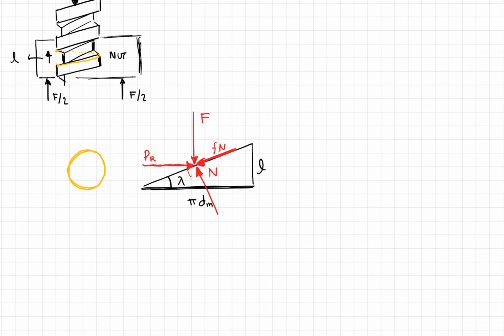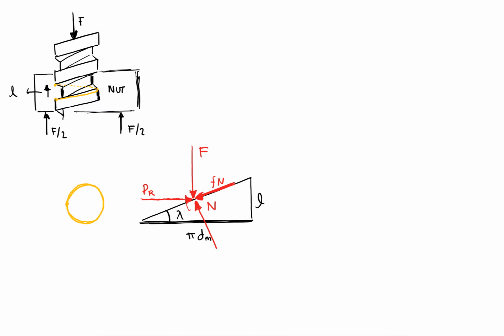And so from this I can just do a sum of forces in the x and y direction. So for the sum of forces in the y direction, I would have a minus F, the component of this force going down, so that would be minus F, minus f N sine of lambda, and then this component of N going up, N cosine of lambda, and that has to be equal to 0.